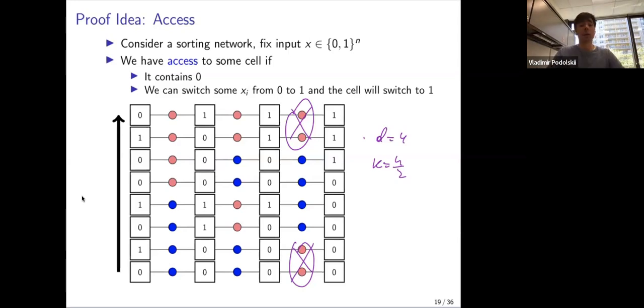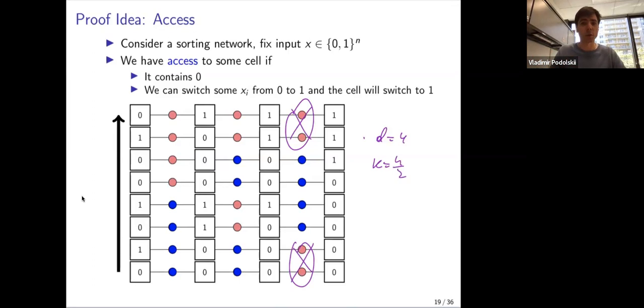So the first idea, I will concentrate on ideas for the lower bound. The first idea is the notion of excess. So let's consider a sorting network, it's in the picture. Let's consider some fixed input of zeros and ones. We have the 0-1 principle, so it's enough to consider zeros and ones, and for the lower bound it is even more obvious.